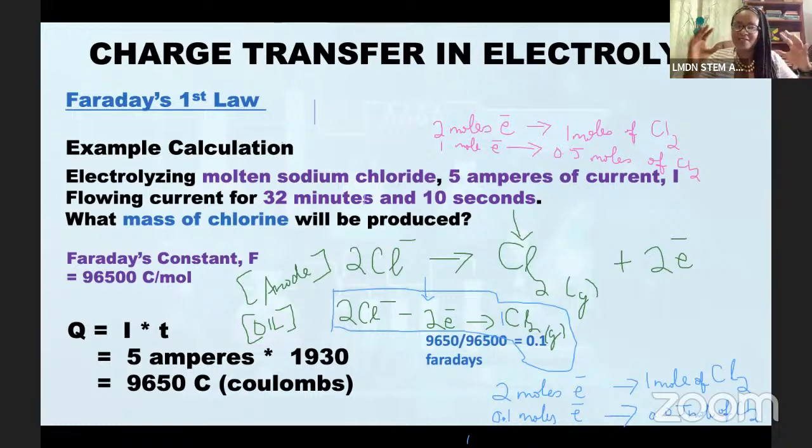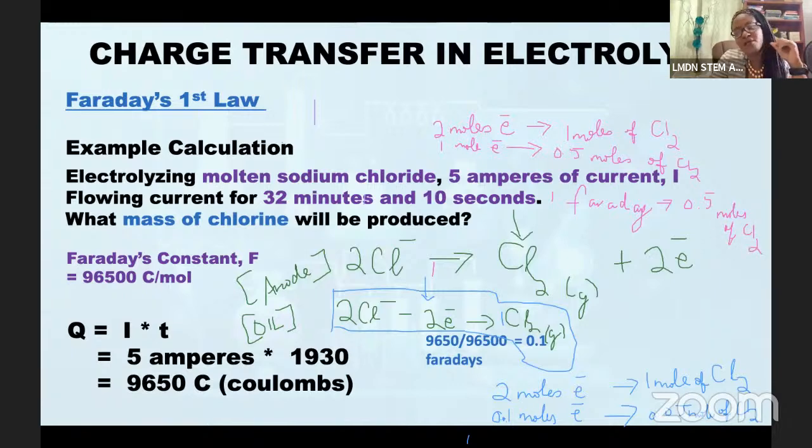That was the basis of our definition, right? So this is essentially the second line that I wrote, is essentially saying that 1 Faraday, right? Are you guys following with that jump that I just made? 1 Faraday gives us 0.5 moles of Cl2.